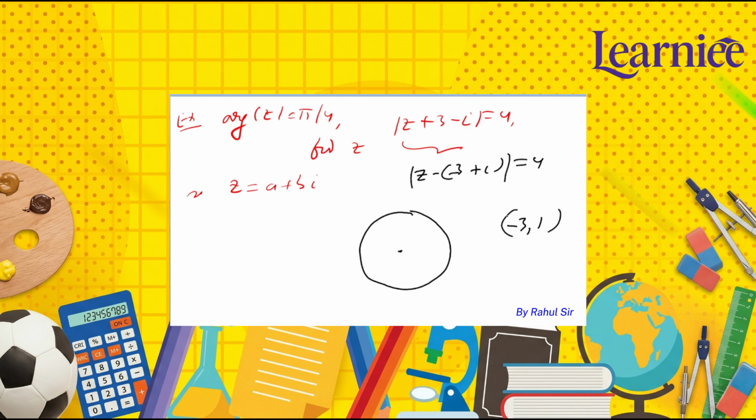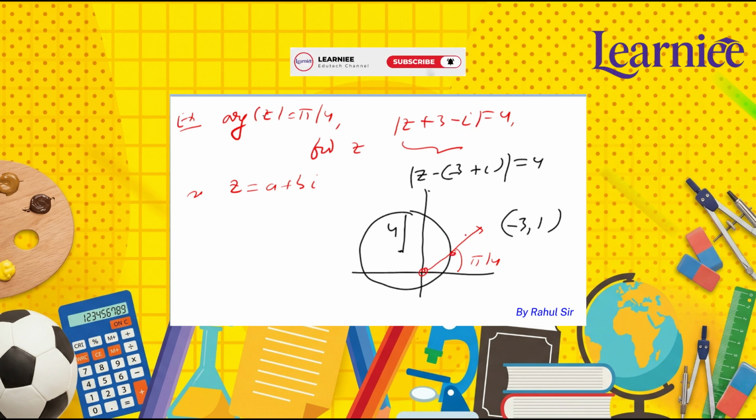Minus 3 comma 1 is the center, and its radius is given to be 4. Now they are saying that the argument of z is pi by 4. How does this look? The origin is there, and this angle is pi by 4. This argument line and this circle have an intersection point, and that is the solution.